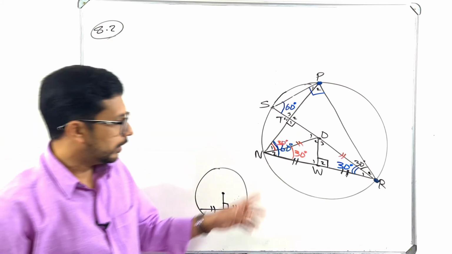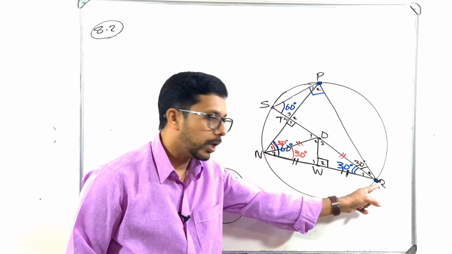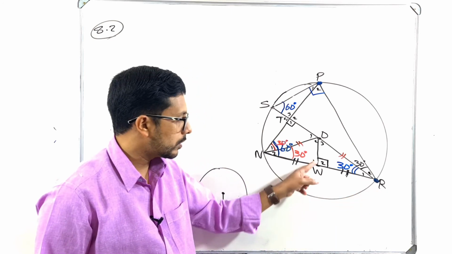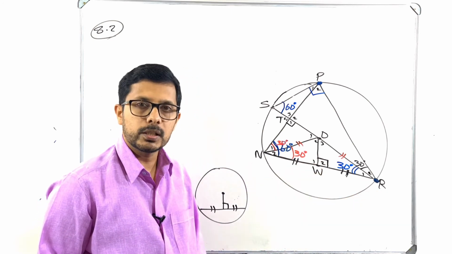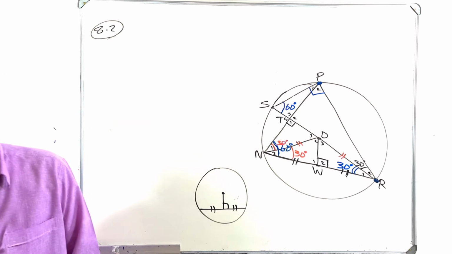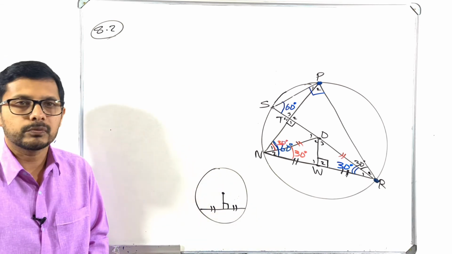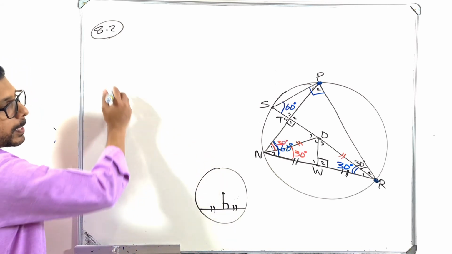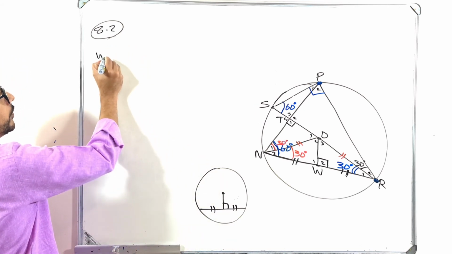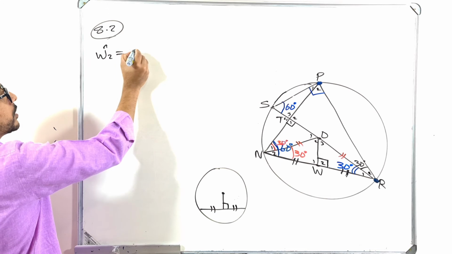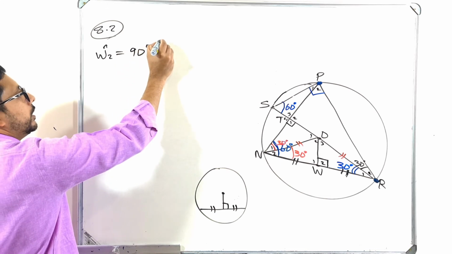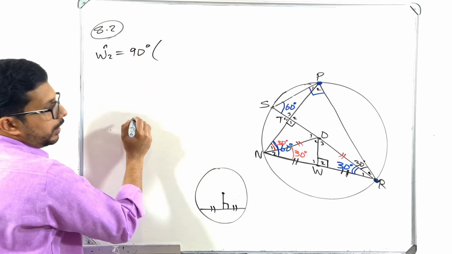Here it is given NW and WR are equal, so we know that W2 is 90 degrees. First of all we can write that one. W2 is equal to 90 degrees. What is the reason?